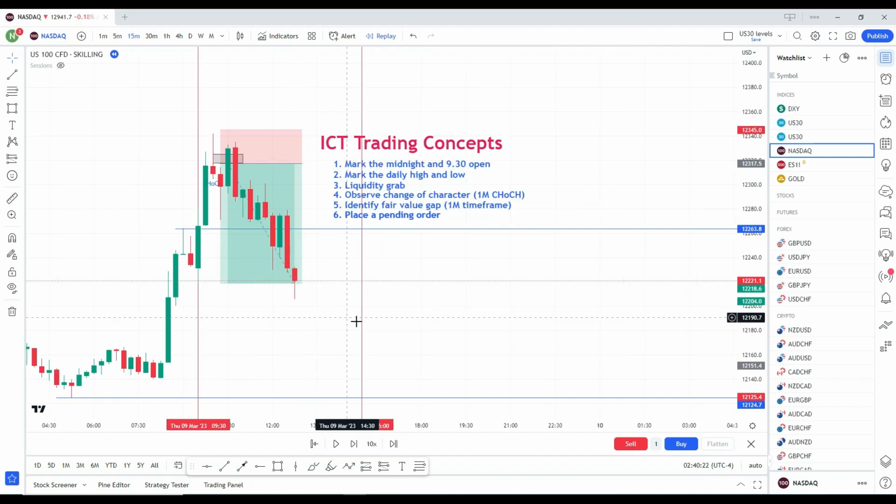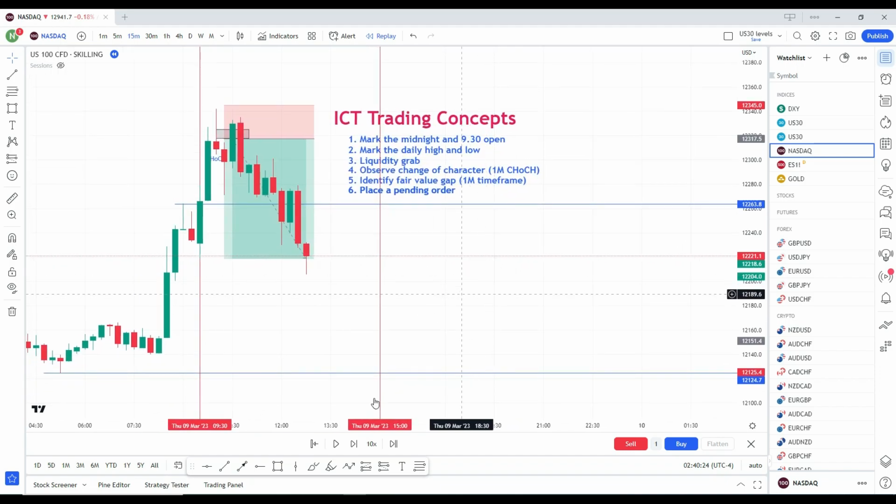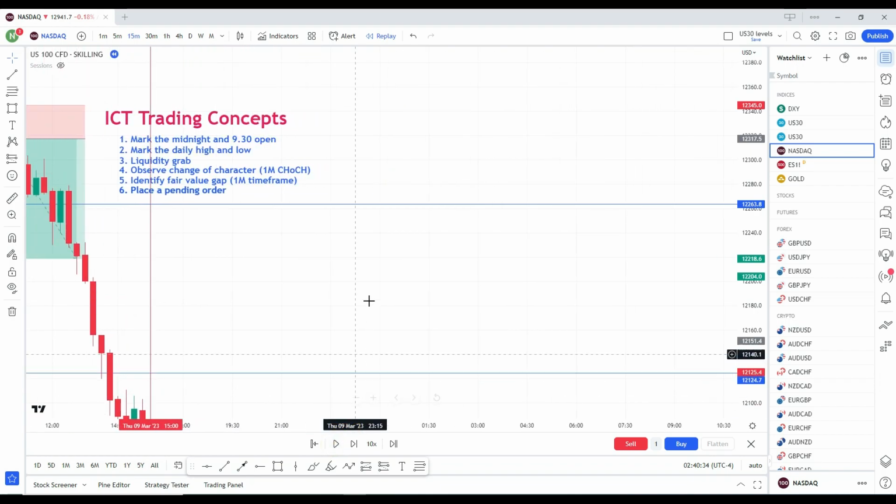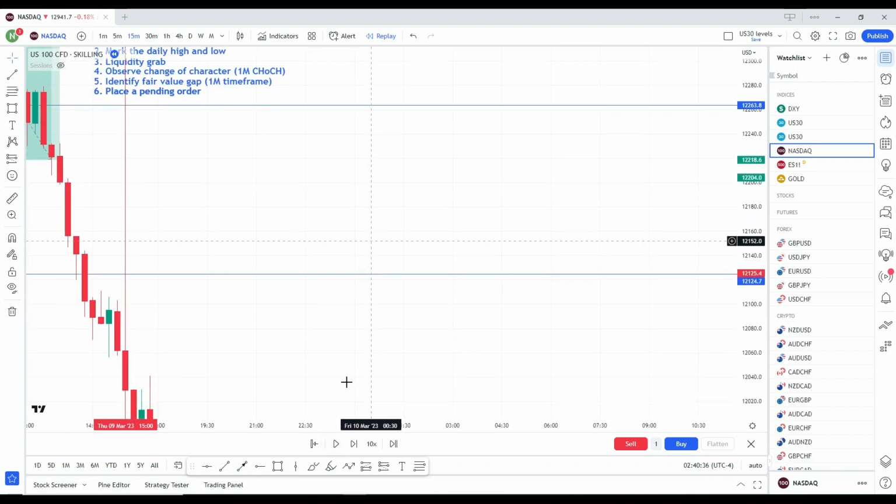So even in our last example, let's mark the midnight and 9:30 open. But first, I have to move the chart to fast forward.